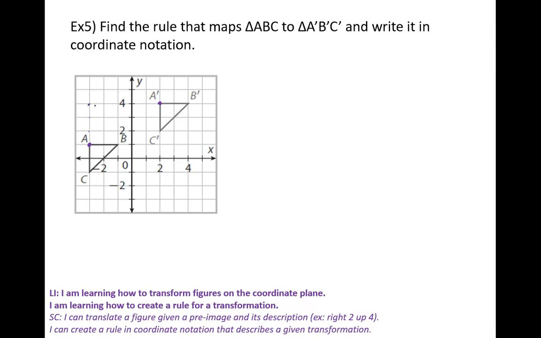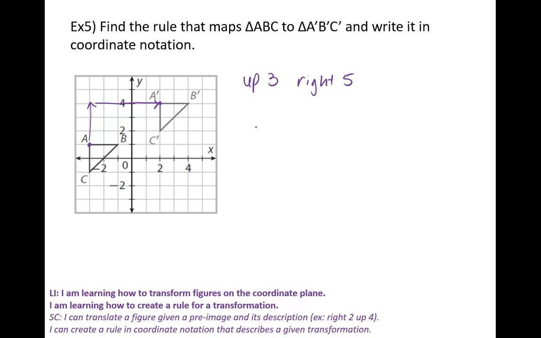So I went up 3, and then I went, actually let me draw it a little differently here. Cool. All right, so I went up 3, and then I went over 1, 2, 3, 4, 5. Looks like right 5. So up 3 and right 5. So I'm going to write that down. Up 3 and right 5.